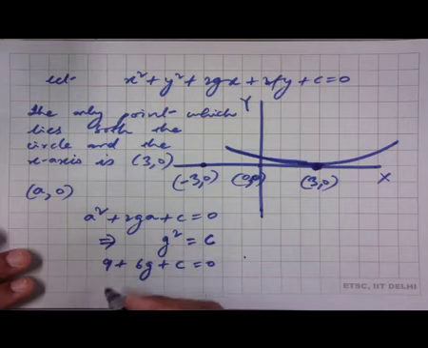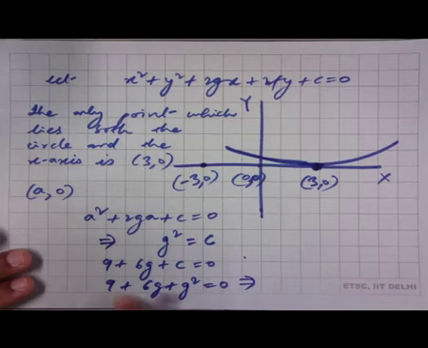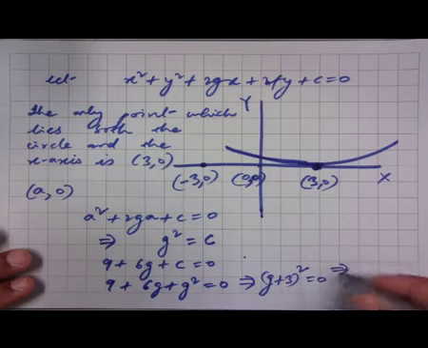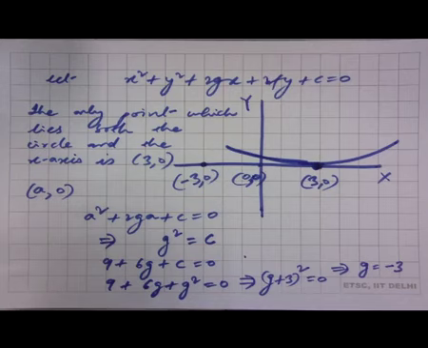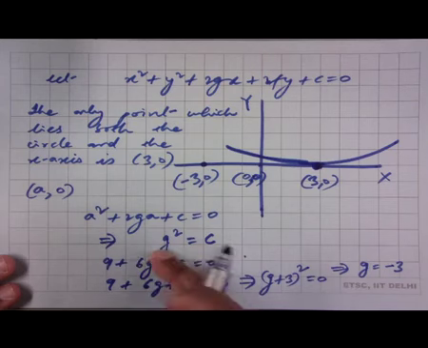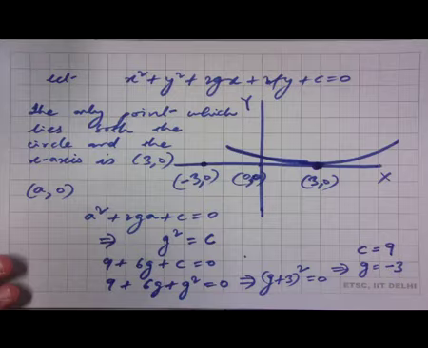So, that is the same as writing 9 plus 6 g plus g square equals 0, and the left hand side is nothing but g plus 3 whole square equal to 0. That implies that g is equal to minus 3, and therefore, since c is g square, c is equal to 9.